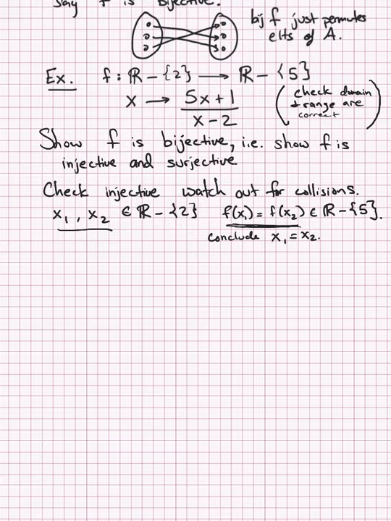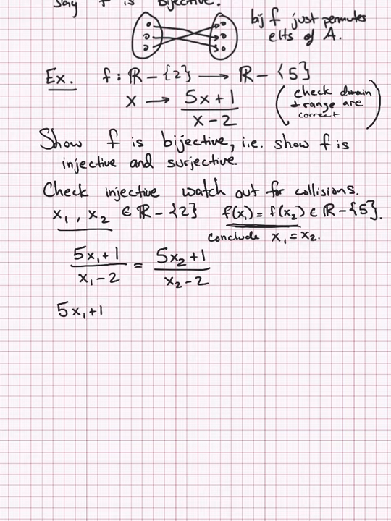So you end up with (5x1 plus 1) over (x1 minus 2) is equal to (5x2 plus 1) over (x2 minus 2). And, well, what do you do now? You see fractions that are equal. The only thing that you're allowed to do at this point is cross multiply.